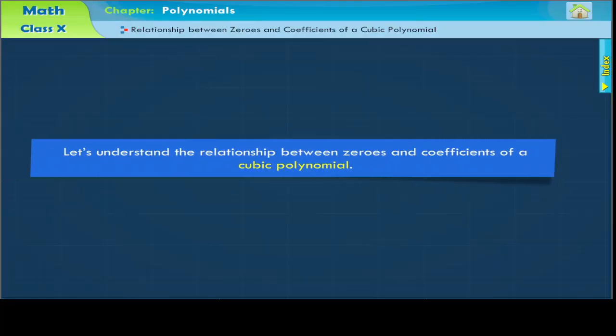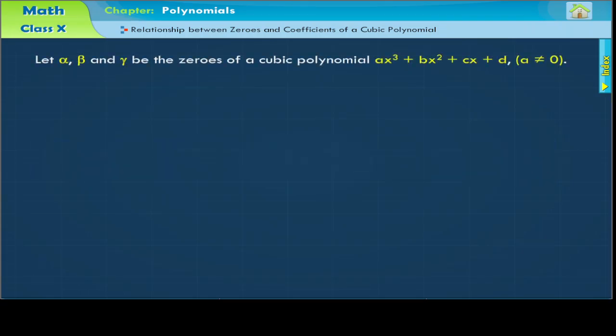Let's understand the relationship between zeros and coefficients of a cubic polynomial. Let alpha, beta and gamma be the zeros of a cubic polynomial ax cubed plus bx squared plus cx plus d, a is not equal to 0.